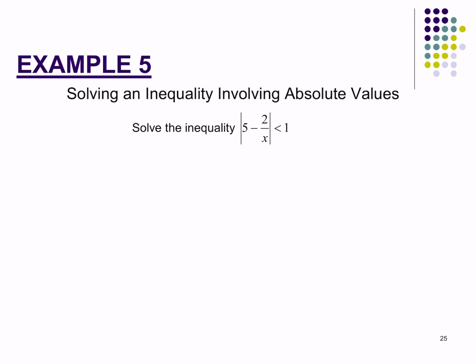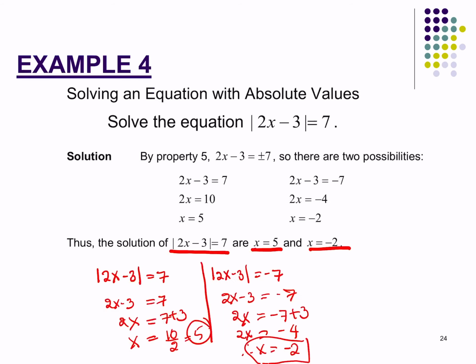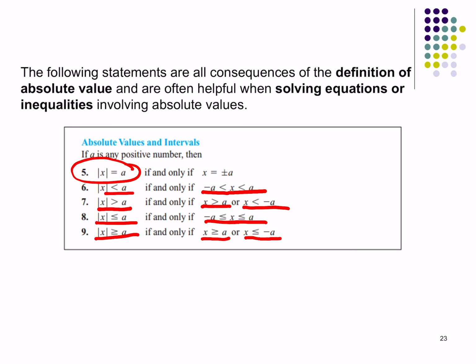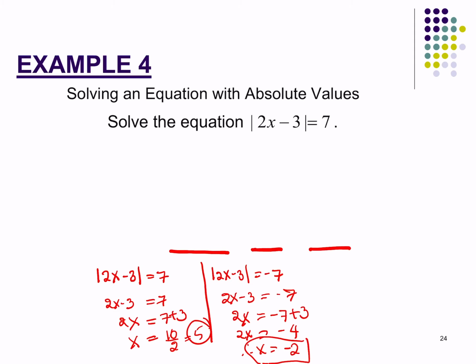Okay, next example. For example, you are asked to solve the inequality of the absolute value of 5 minus 2 by x, and that is less than 1. If you remember from the rules, rule number 6 will be applied for this example.